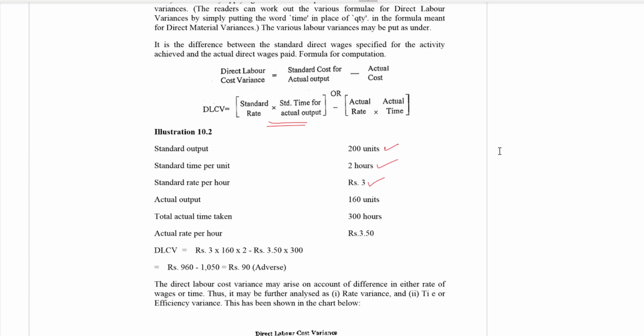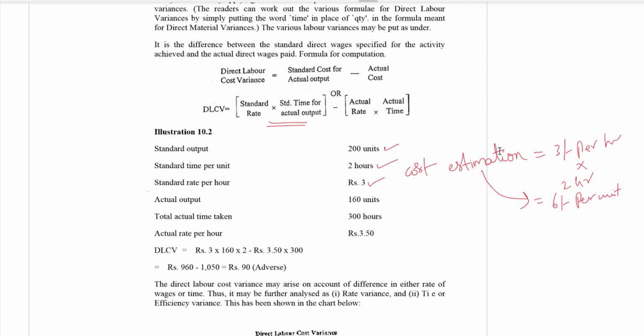So, what would be the cost? Cost estimation is equal to 3 rupees per hour multiplied by 2 hours. That is 6 rupees per unit. 6 rupees per unit would be the estimated cost made by the company.